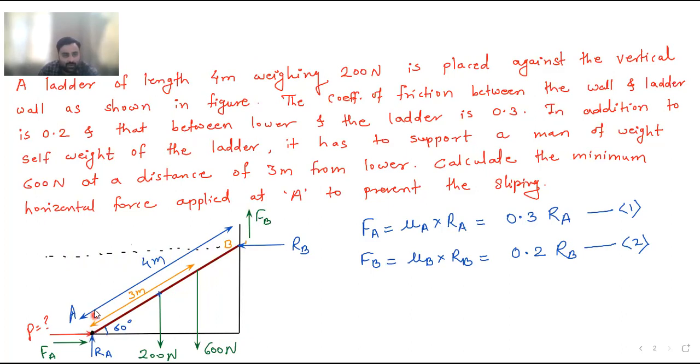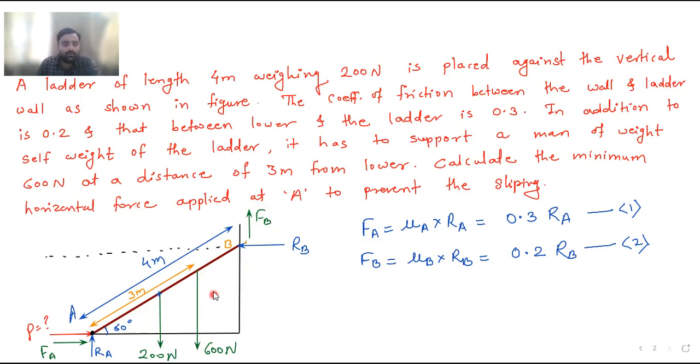So from point A, it is at this much distance, and this distance is nothing but this one. Now this force FB, I have shown it here, but it will be on the surface. Frictional force will be on the surface. So FB will be here. So the distance of FB from this point will be this total distance, and if this is 4, this total will be 4 cos 60.